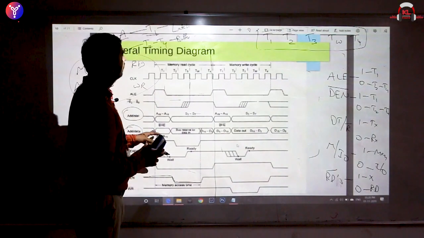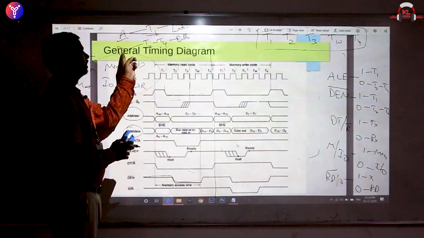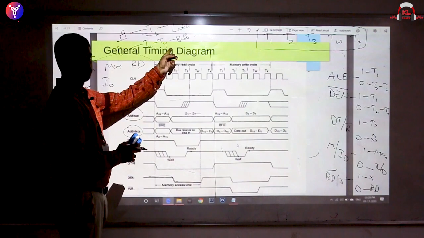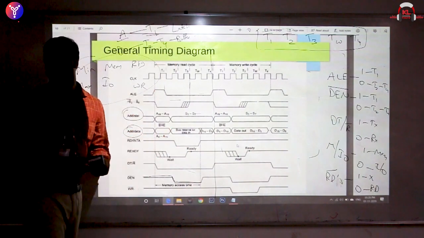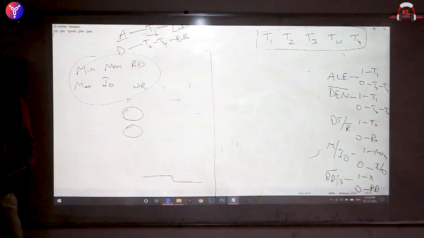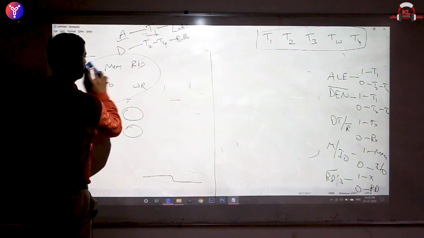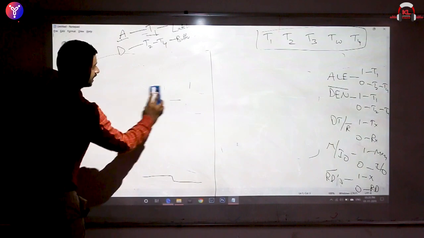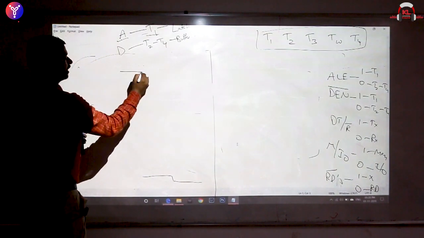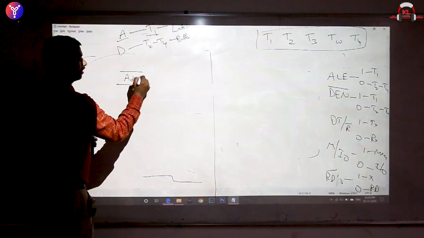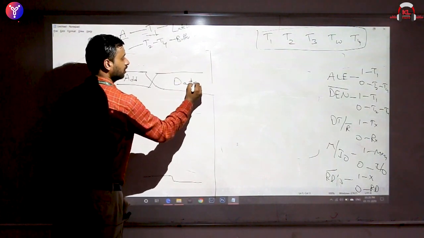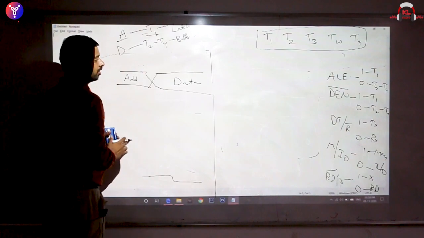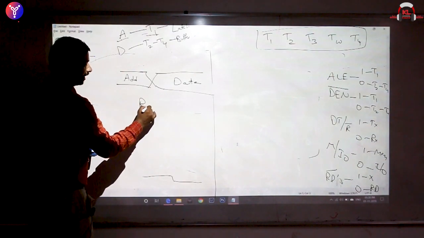Address lines are working during T1, data lines are working during T2 to T4. If you are able to represent the same in the form of a diagram, that works to be a timing diagram. So maybe I can end up representing like this. Address bus during T1 and data bus during T2 to T4. There is a difference between read and a write.